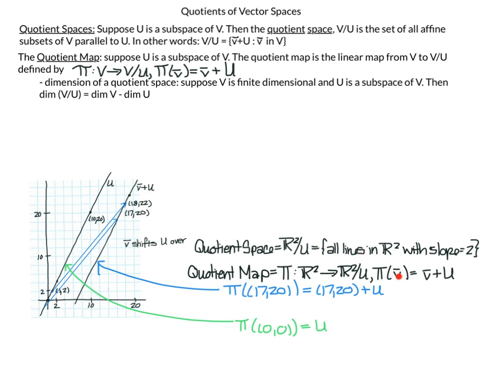If we give it a vector V, we want V plus U. In other words, if we gave it the vector 17, 20, the line with slope 2 that we want is the one that adds 17, 20 to every point on U. That was our original example. Here, the original line, U, would be pi of 0, 0. That would just give us U. So the quotient map is the fancy way of expressing that we take a point and get a quotient space element.